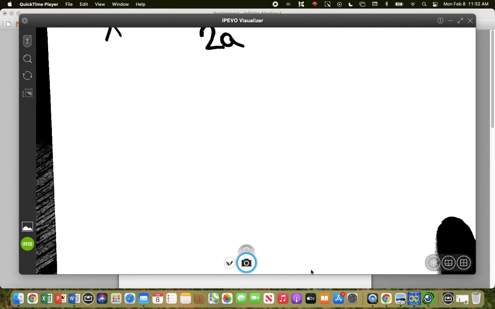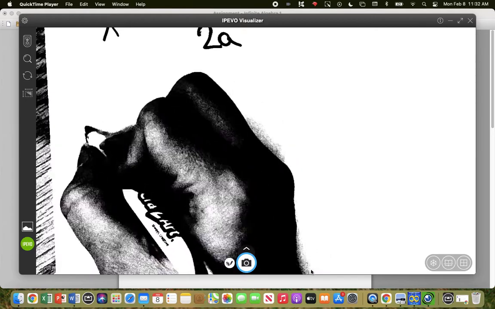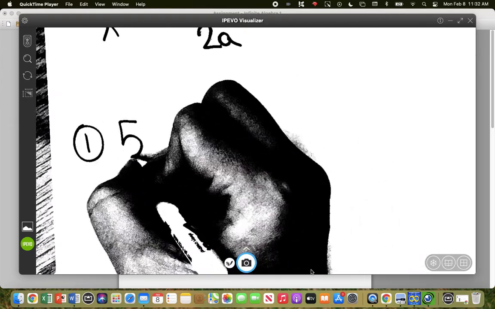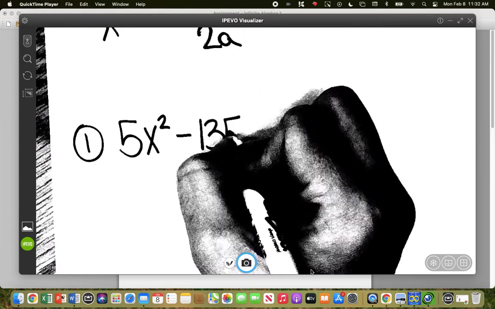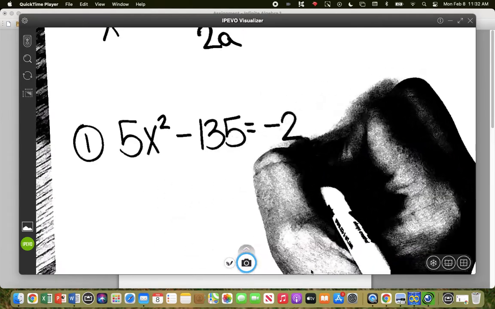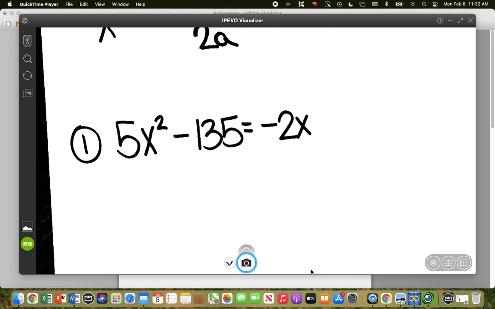So for this first example, we're going to go through this, and you all have your calculator, so we'll calculate it all together. All right, so we have 5x squared minus 135 equals negative 2x. Now, for this specific example, it's not equal to 0.